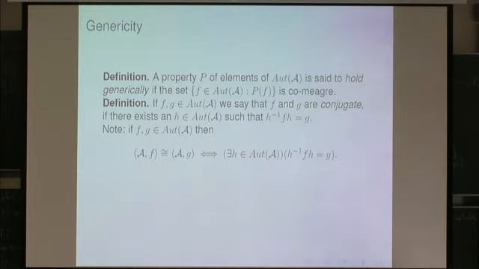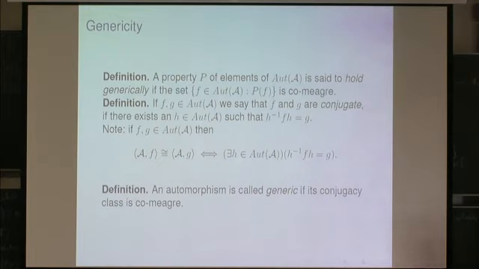Then the two extended structures, AF and AG, so these are structures with functions, not just relational structures, will be isomorphic if and only if the two automorphisms are conjugate. So this says that two automorphisms are essentially isomorphic if they are conjugate.